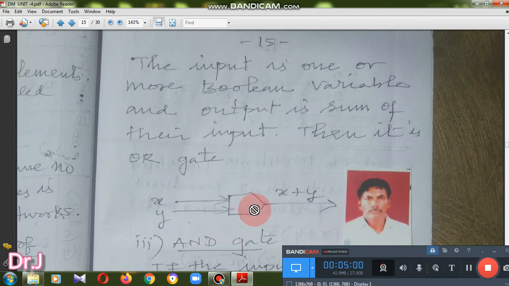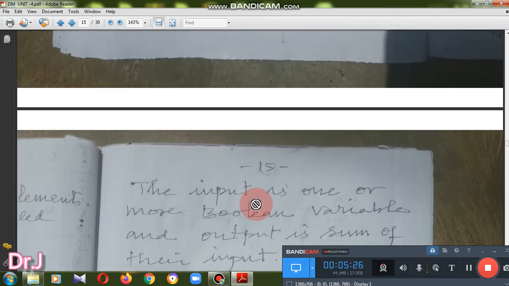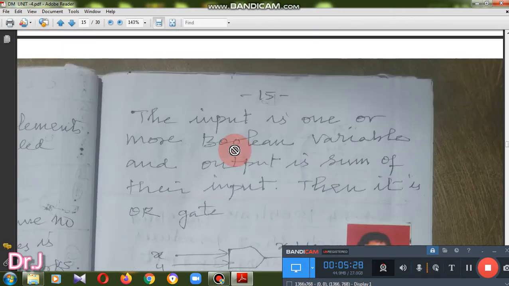There are two Boolean variables coming in. What this gate does is join, sum up, or add one and the other. Such a gate network we call the OR gate.